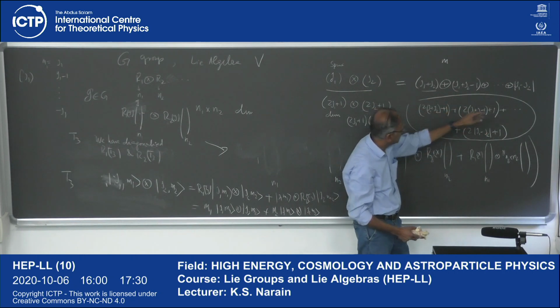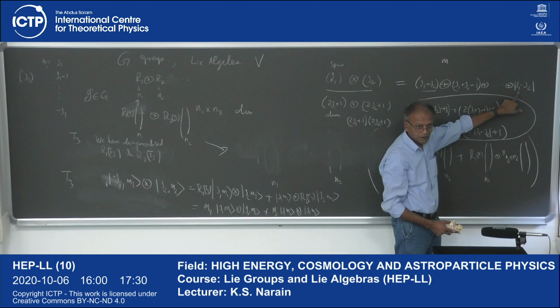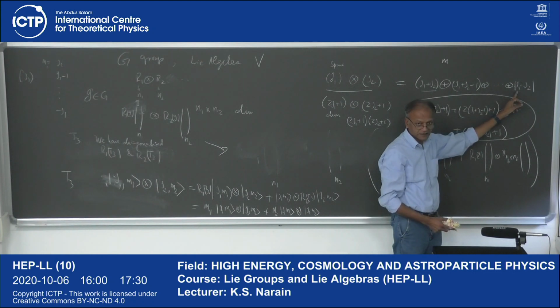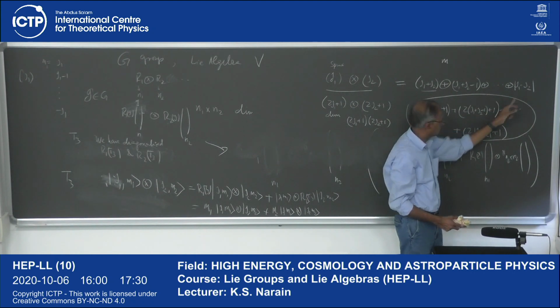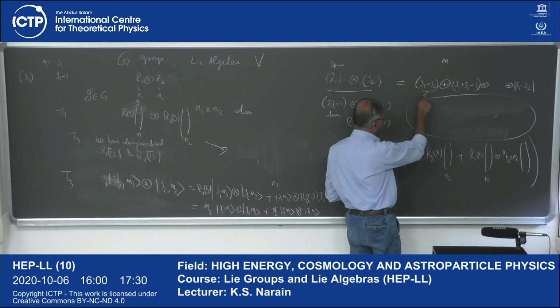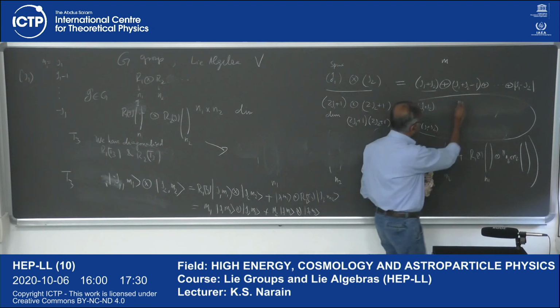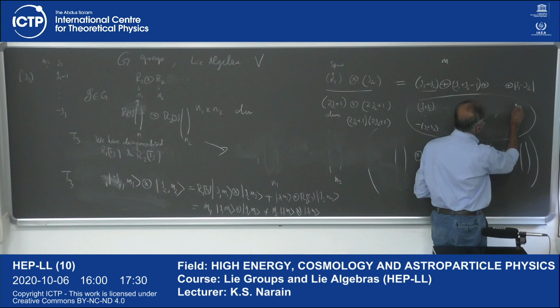For example, if the modulus of n is less than or equal to J1 minus J2, then it will appear in each of the representations. What are the T3 eigenvalues from here? This will be going from J1 plus J2 all the way to minus J1 plus J2. Similarly here, and here it will go from J1 minus J2 to minus J1 minus J2.